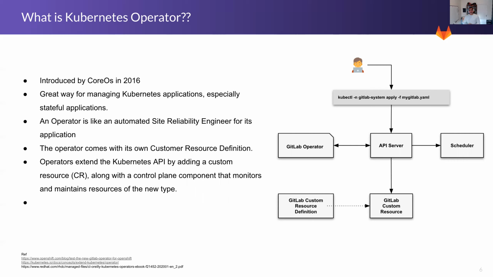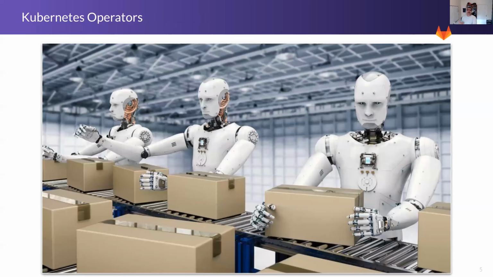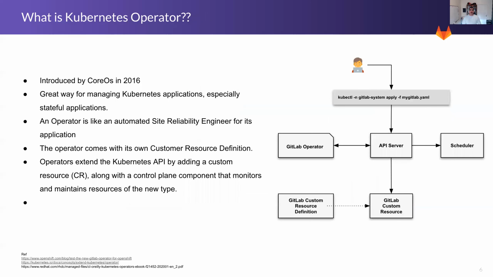The operator comes with what we call a custom resource definition. If I go back two slides, we agreed that every component in Kubernetes is defined as an object. Deployments are objects. So when we say custom resource definitions, think of them as an extension to these objects.